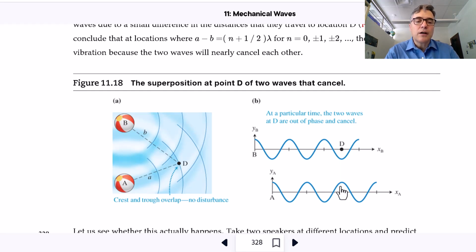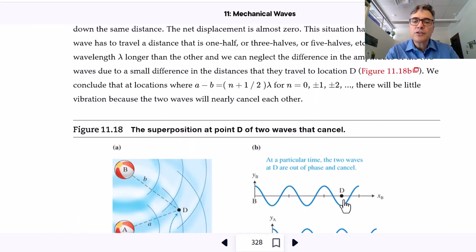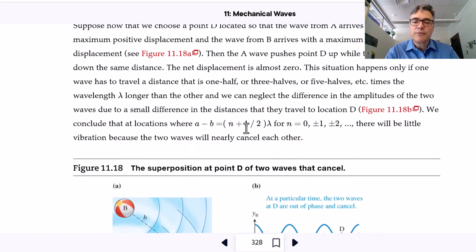So now they're out of phase. So the wave that goes down at point D from ball B, there's another wave that goes up at that point D from ball A. And those cancel each other out. And that's going to be true not just for a half wavelength, but for n plus a half times the wavelength, where n is an integer.